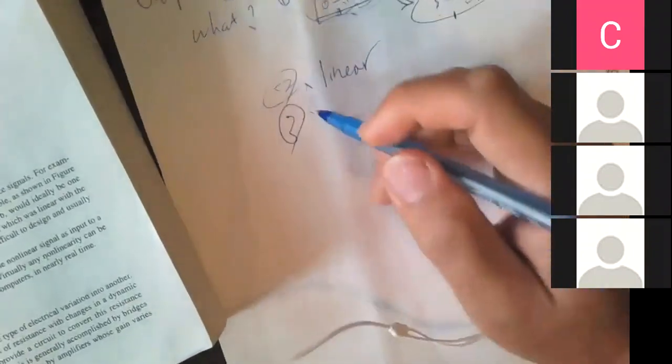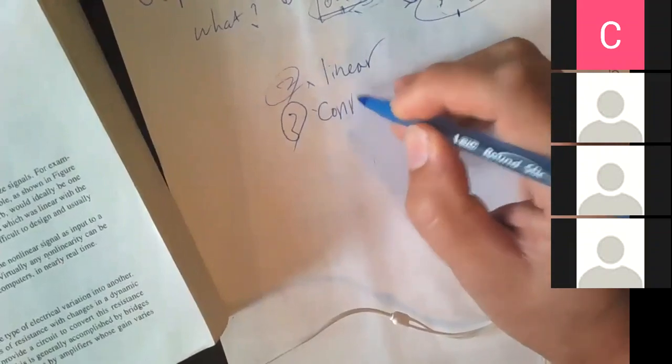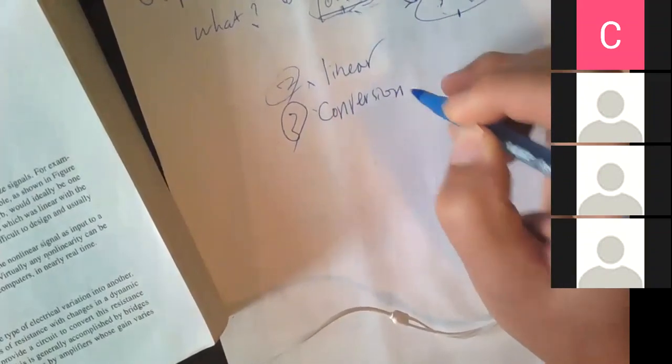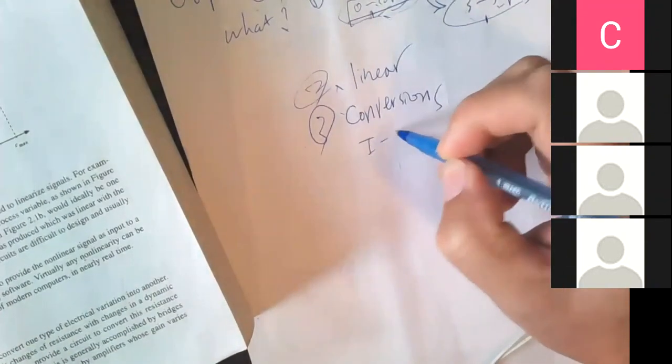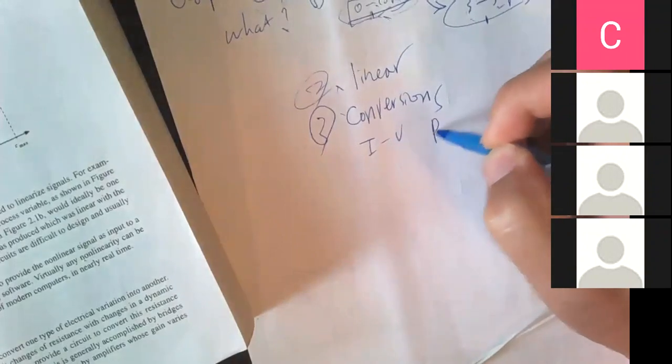The third type of signal conditioning is called conversion. Conversions involve current to voltage, pressure to current. There are many kinds of conversions.